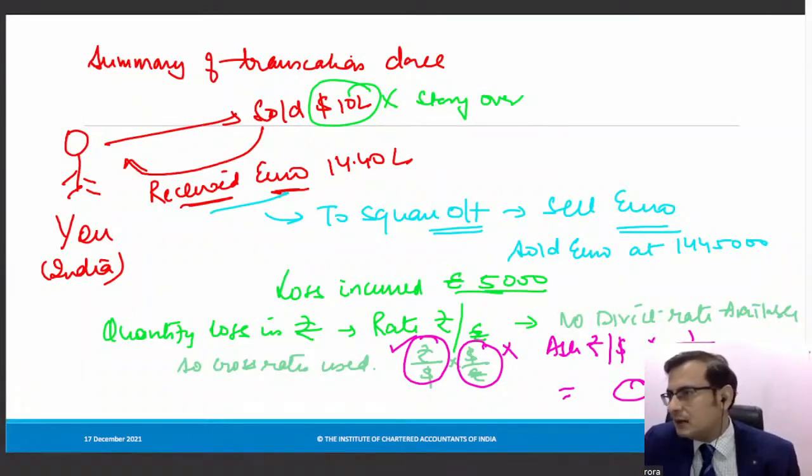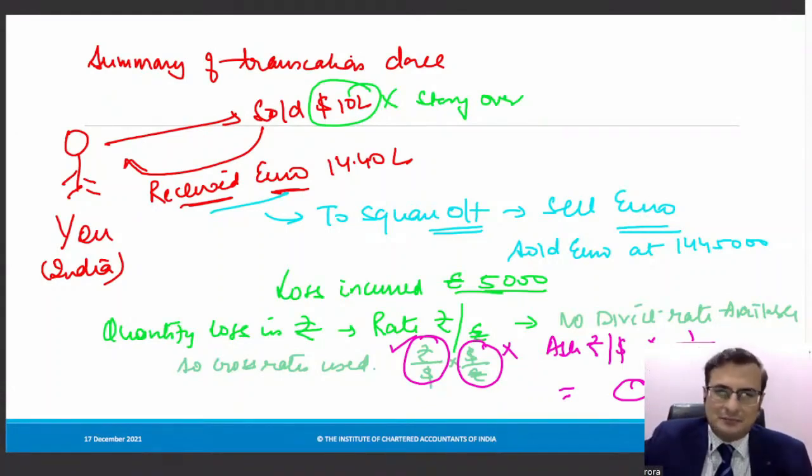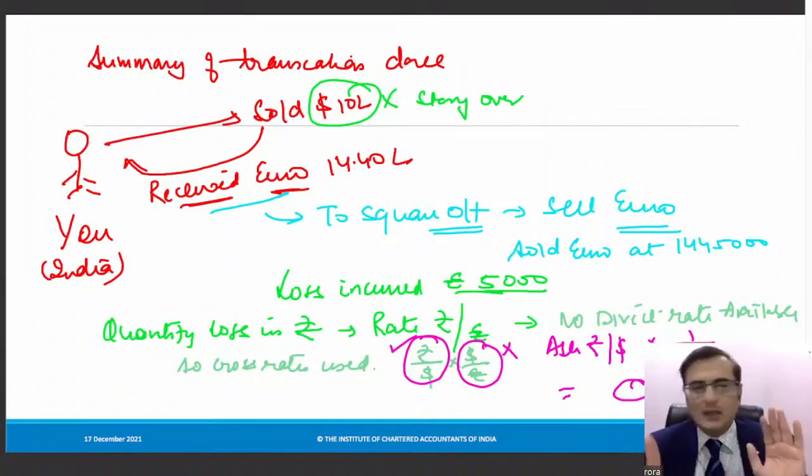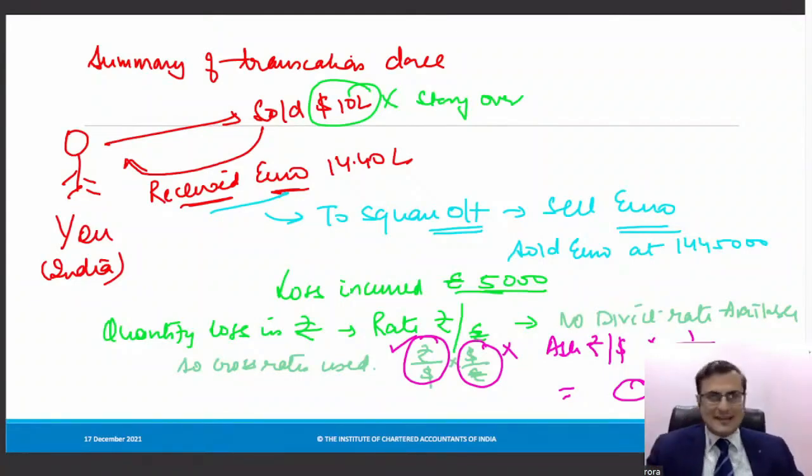Sairam asks, but sir, he also sells euro in rupees. No, Sairam, don't get confused with various currencies. You asked me earlier whether we are buying back dollars, and I said no. The transaction is happening very simply. You sold dollars, you got euros, and you are selling those euros.